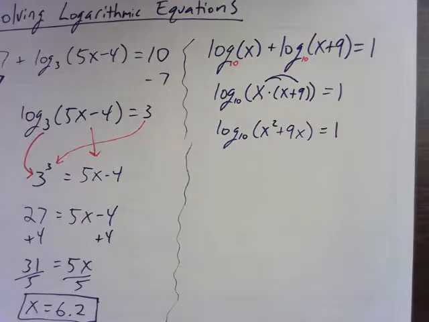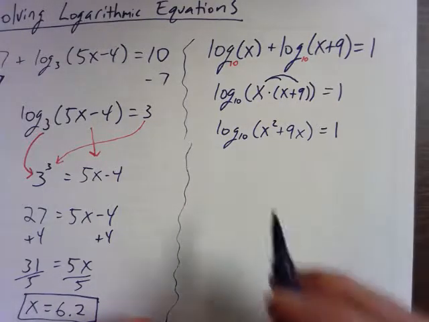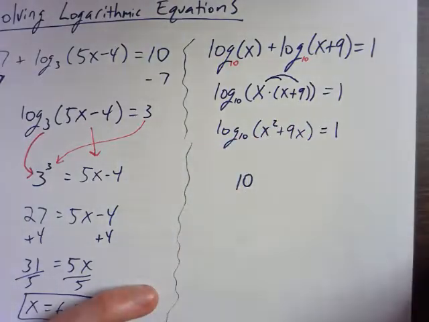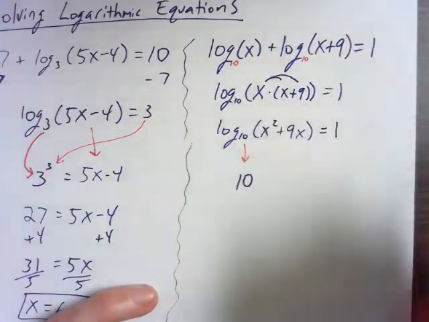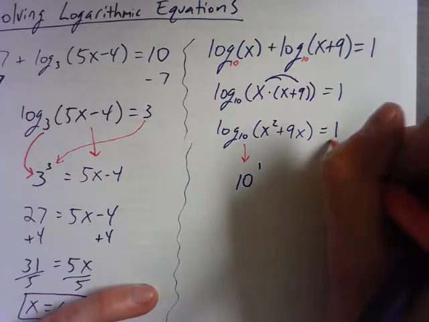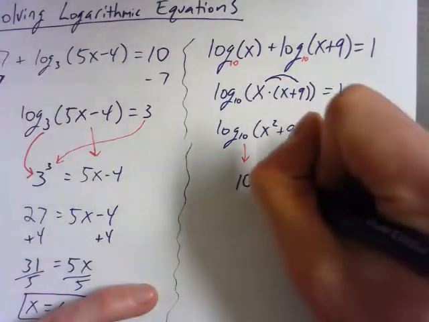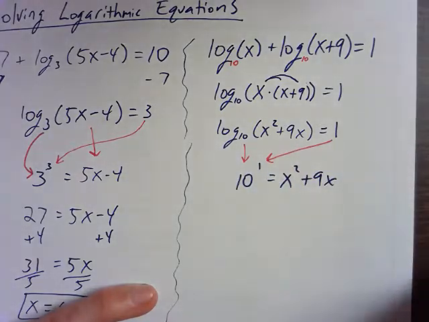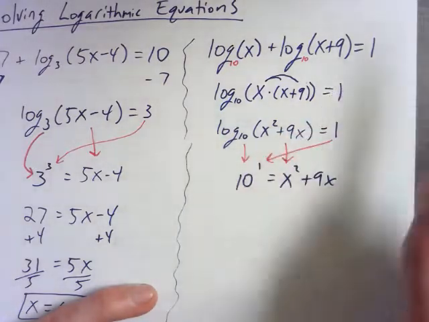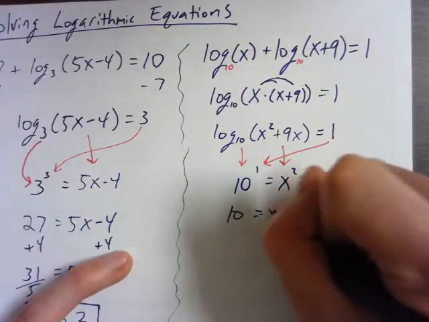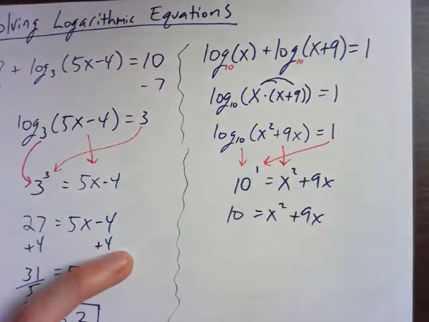Okay, and now that I have just my log set equal to a number, now I can say 10, because that's my base, 10 to the first power equals x squared plus 9x. And 10 to the first power is just 10, so 10 equals x squared plus 9x.